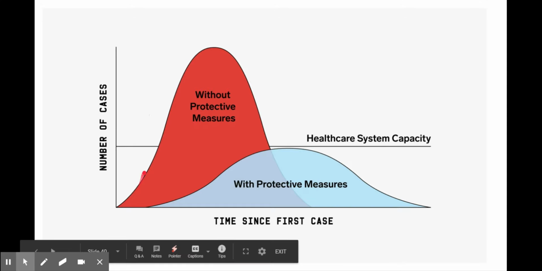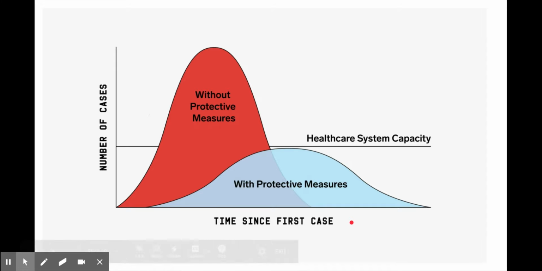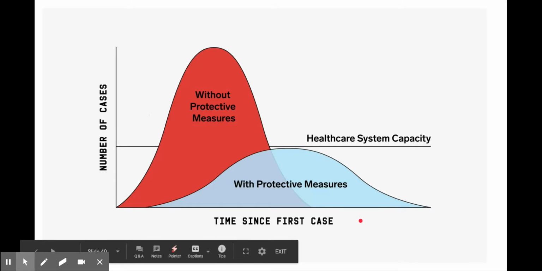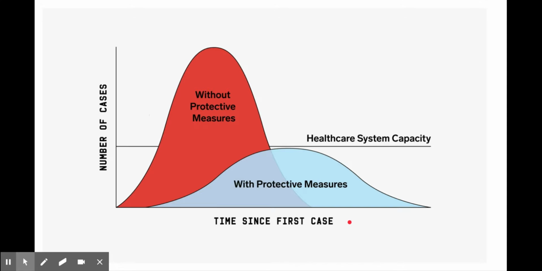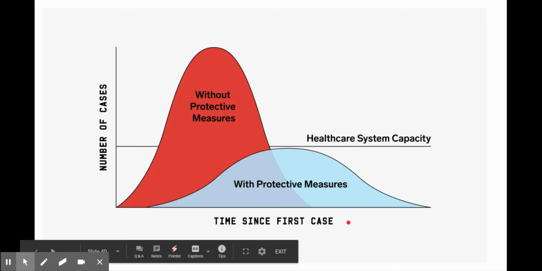That is this red curve. And when you have a lot of people getting sick all at once, you have people going to the hospital all at once. When you have a disease like COVID-19 that causes severe respiratory issues, a lot of them want things like mechanical ventilators to help them breathe. But we don't have many of those just sitting around.